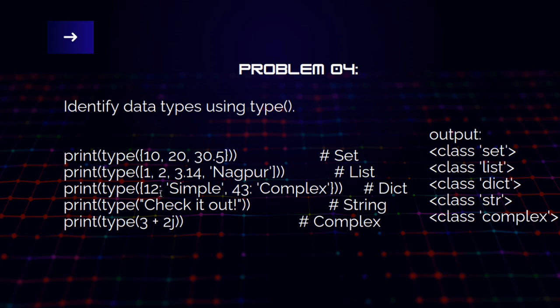Print type in curly braces 12 colon single quote simple. This 12 is treated as key and this simple is treated as value, and this will give the type as dictionary. Print type of check it out. This will give the type as string. Print type of 3 plus 2j will give the type as complex, and these all are in the form of class.